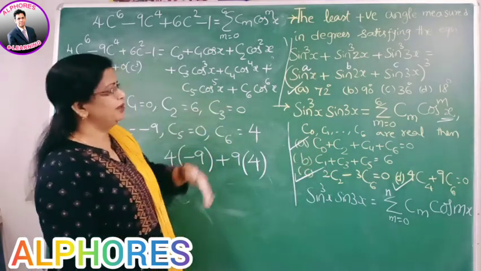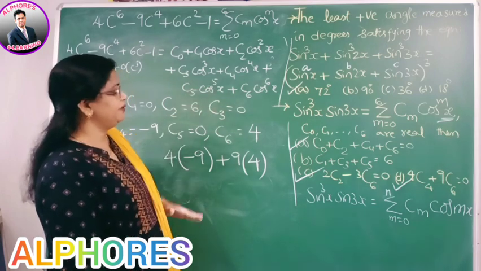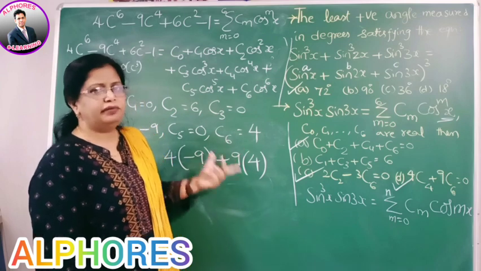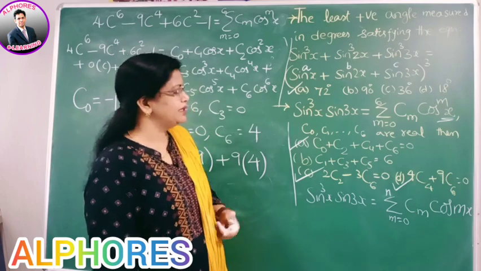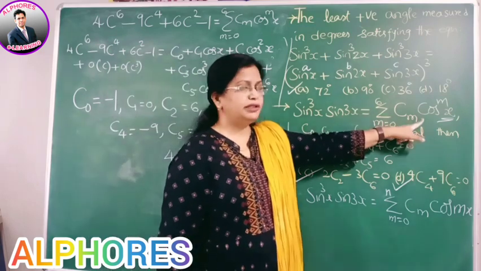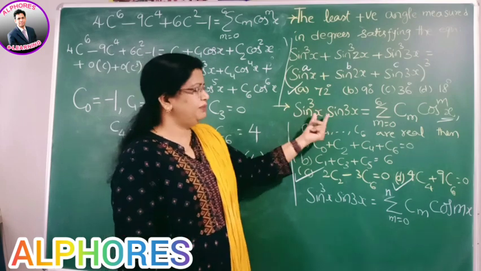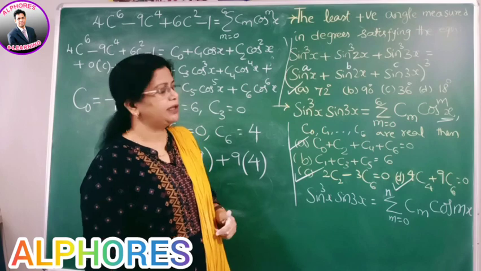Comprehensive passages may also give data here. If you just simplify, then solving 2 or 3 questions is very easy. So what is the major idea of this problem, students? As the RHS is in a complete cosine function, the left hand side also we need to convert in terms of cosine function.